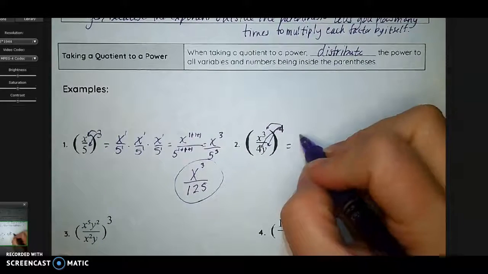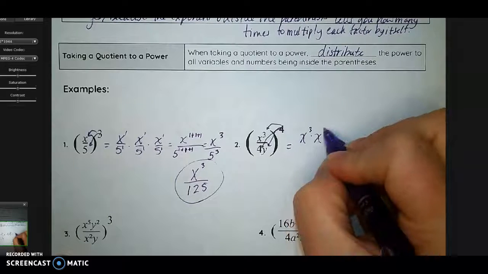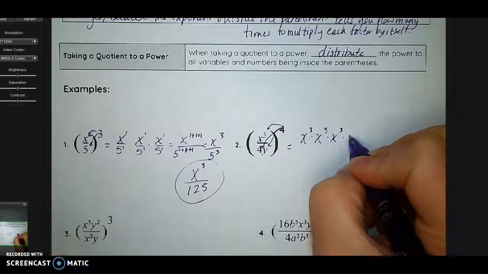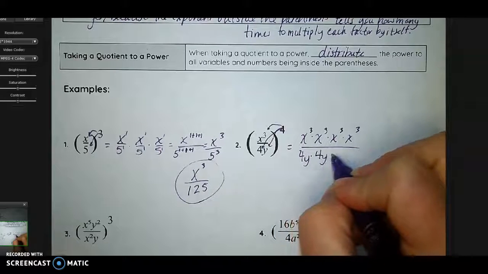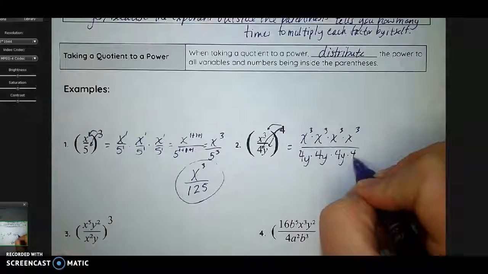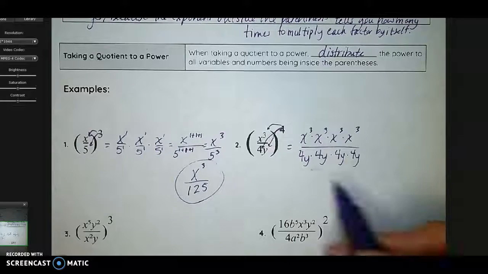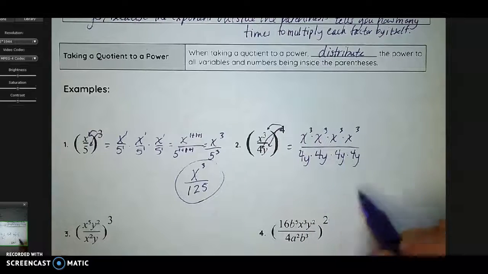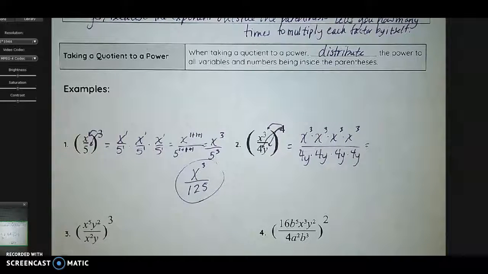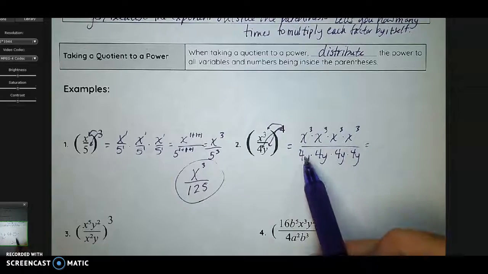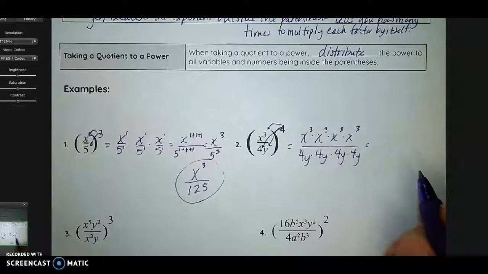So this one is like x to the third times x to the third times x to the third times x to the third. And then each time, I'm not just getting the y, but I'm getting 4y. So there are 3 of those each. So when I say pass it out to everything inside, I mean everything inside. So that 4 is also going to get cubed. I'm sorry, not cubed, I was looking up there. It's going to get taken to the 4th power.